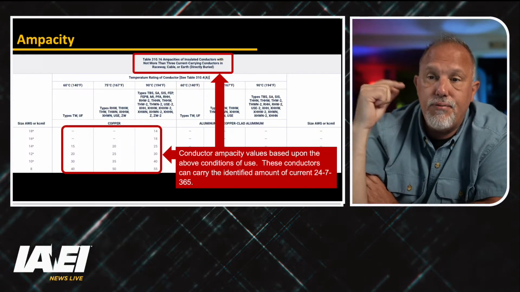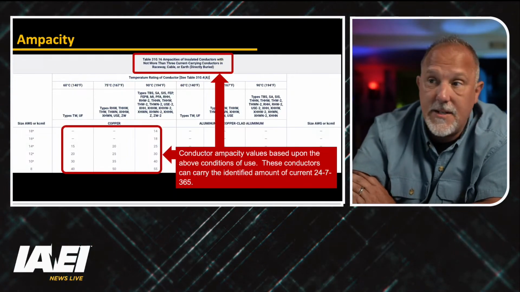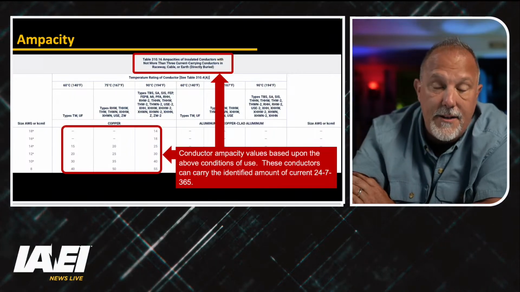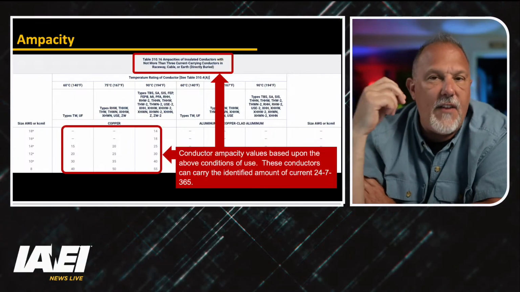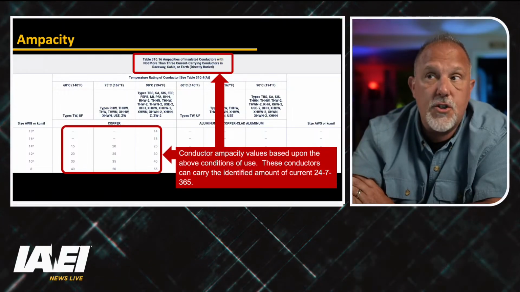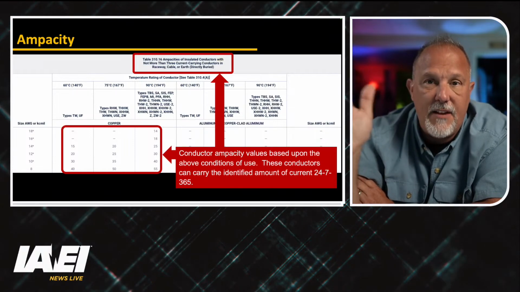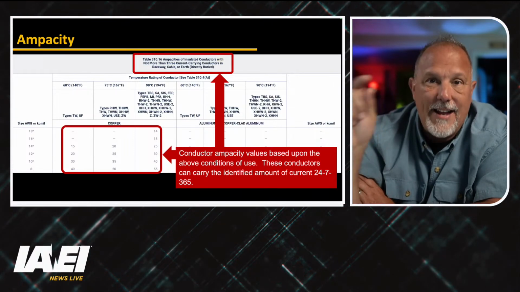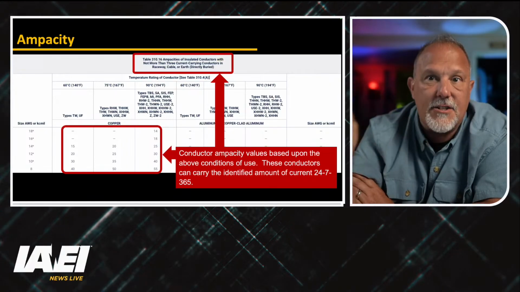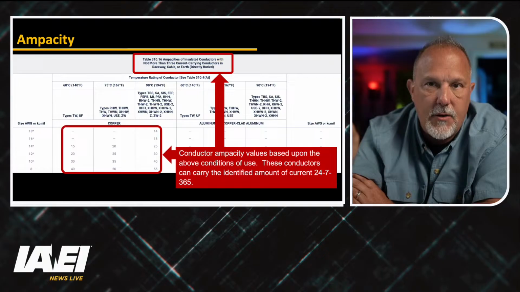A number 8 with 90 C insulation, say it's a THHN, can handle 55 amps forever. I'm not going to damage the insulation. That's an important thing to remember.